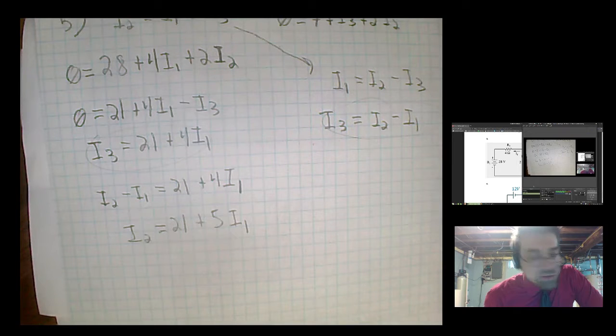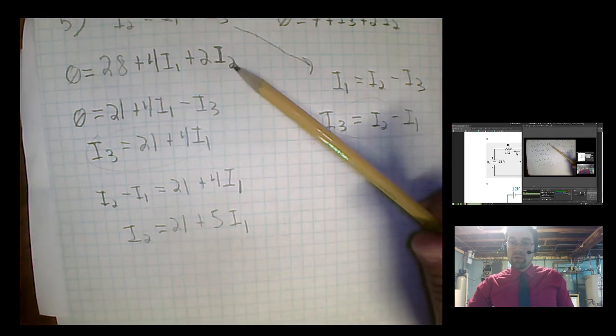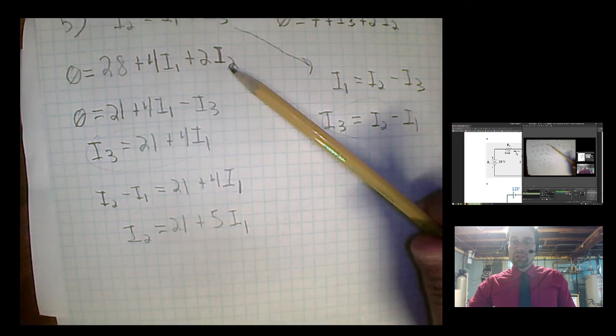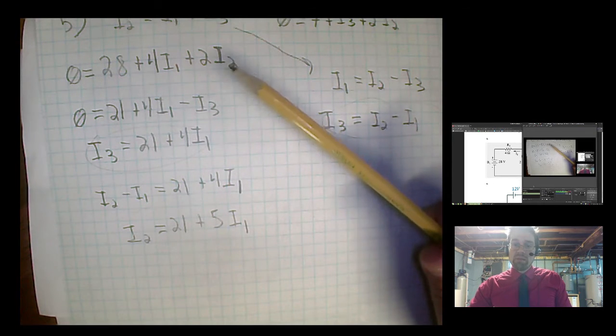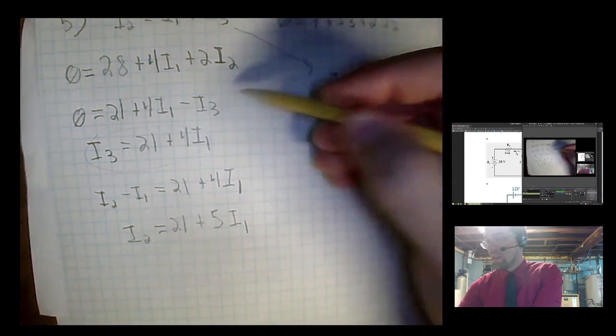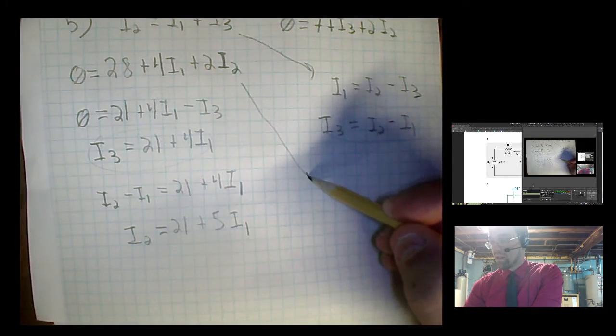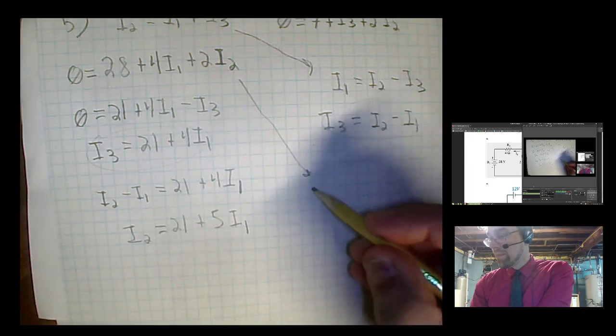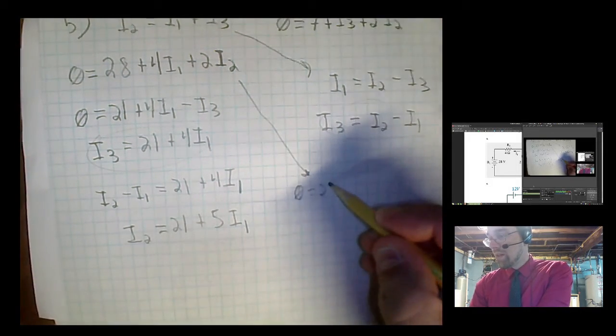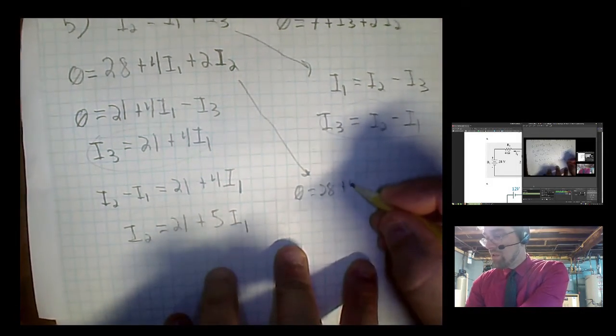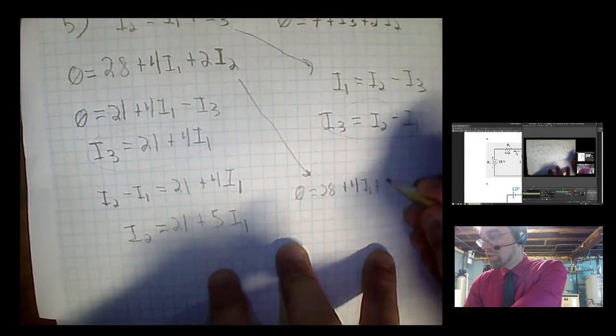Alright, so what can we do now? If I go back to here, here's an equation that has only I2 and I1 in it. I now have an expression for I2 that will swap out that I2 and replace it with an I1. So maybe I plug this in for that. 0 equals 28 plus 4I1 plus 2 times I2.